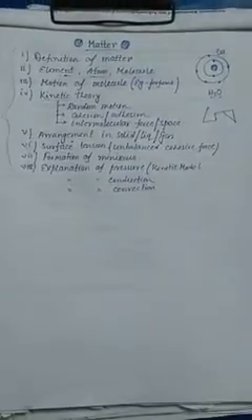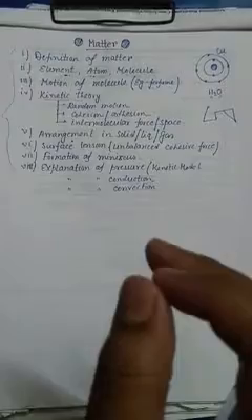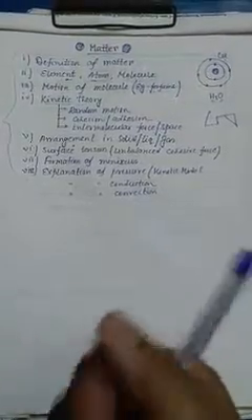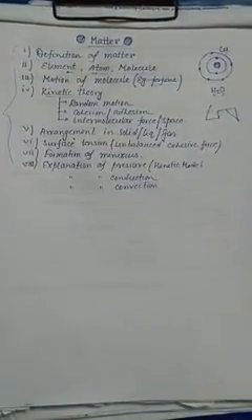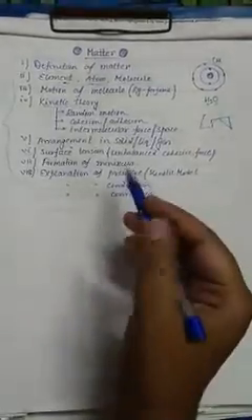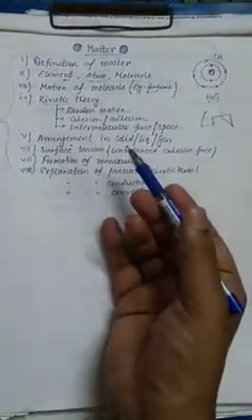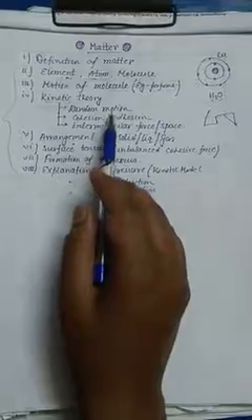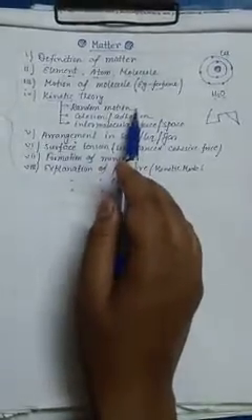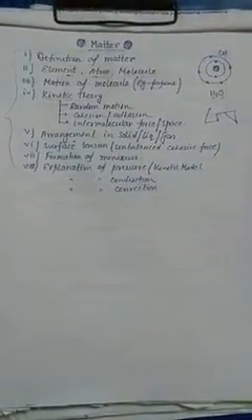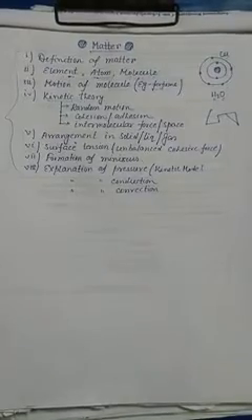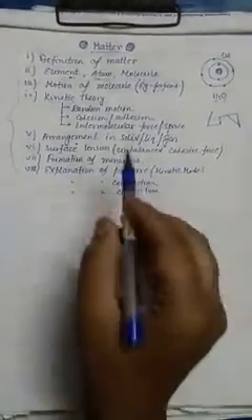As the heat energy is absorbed, the molecules increase their kinetic energy, and kinetic energy means more velocity, more speed. That is why if you increase the temperature, the speed of the molecule will increase automatically. Okay, is it clear?